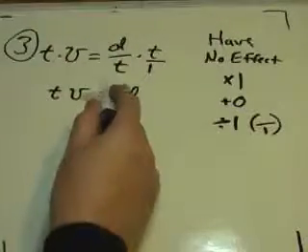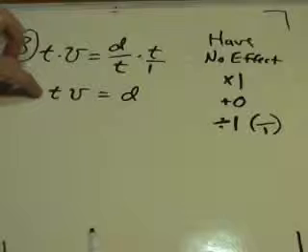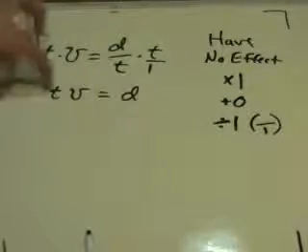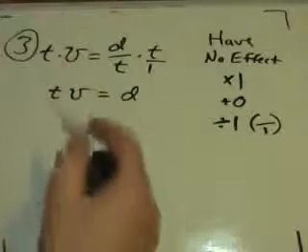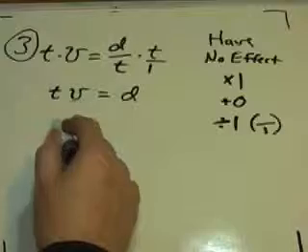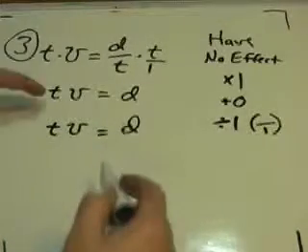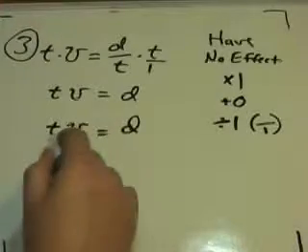So anyway, we've made some progress. T is no longer in the bottom of a fraction, but it's got this v multiplied by it, so we'd like to get rid of that. Well, the way to get rid of a multiplied v is to divide by it. So divide both sides of this by v.